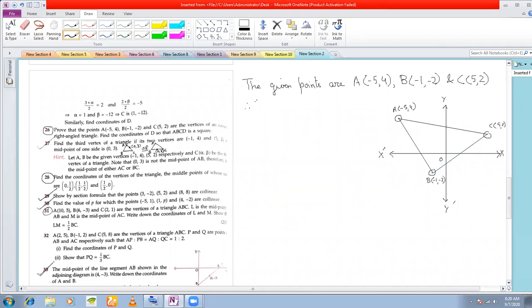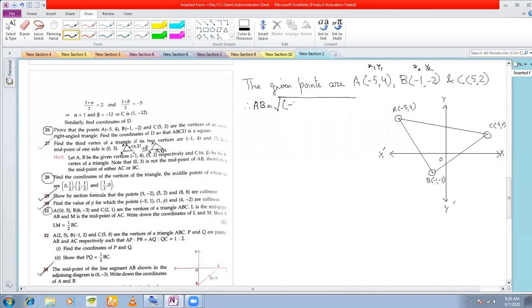So what you do is you find out the distances. First, find out the distance AB. What is the distance AB? Root over of (x2 minus x1) whole square plus (y2 minus y1) whole square. This is your x1, y1 and this is your x2, y2.